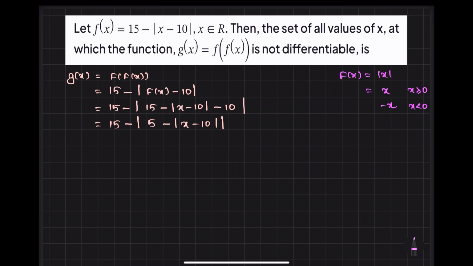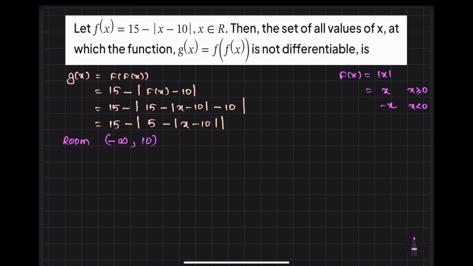So you can break down your function into two rooms. Room number 1 is minus infinity to 10. In this room, your function will be negative. This part will be negative, so you will multiply it with a minus sign, then you will open. So this minus and that minus will become plus.